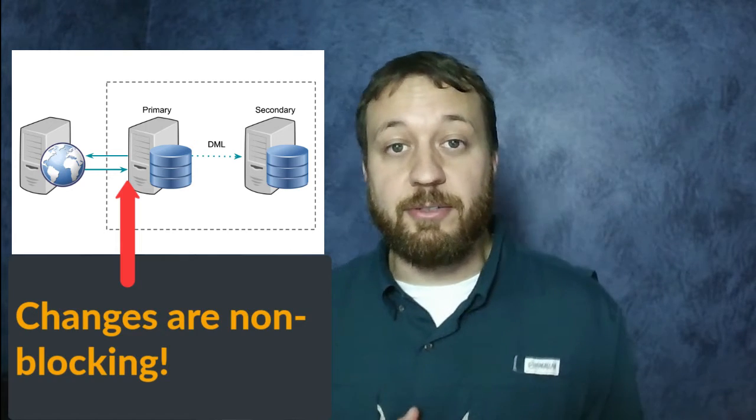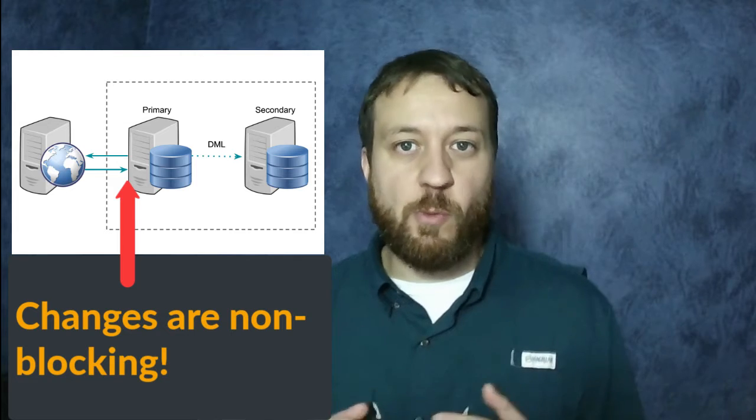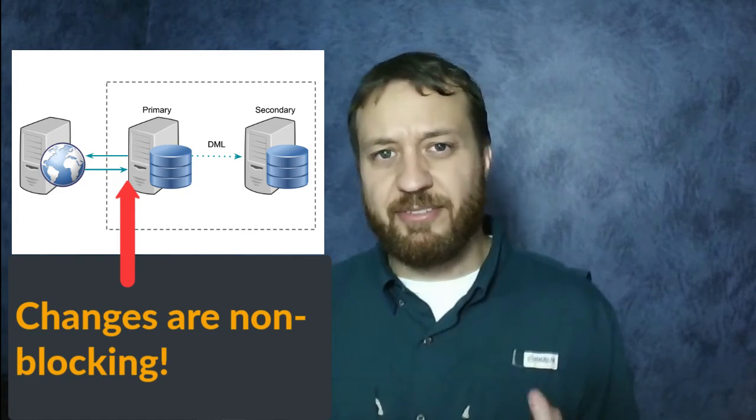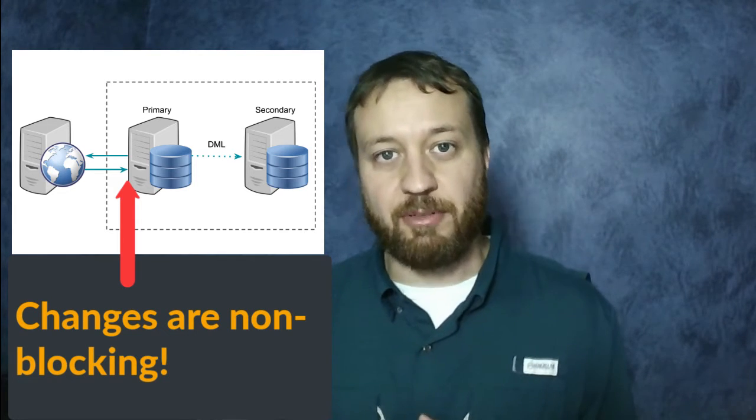The default model of replication in MySQL is asynchronous. Asynchronous replication basically means that the user or an application that sends the DML changes to the primary doesn't wait around to make sure that those changes have made it to the secondary. And this is a very important concept when you consider the performance impact of setting up replication.